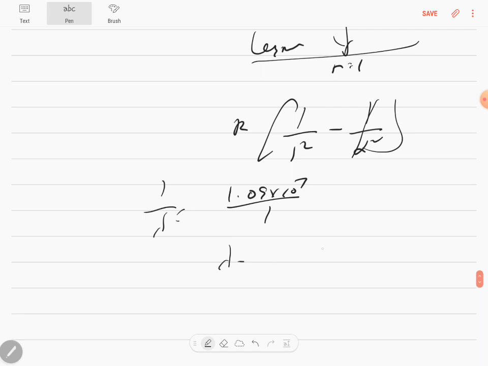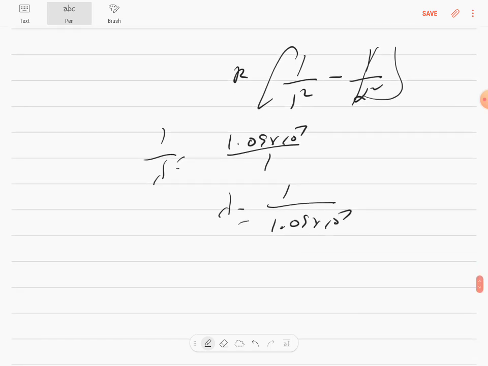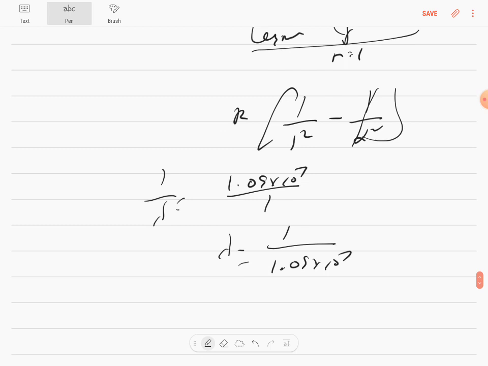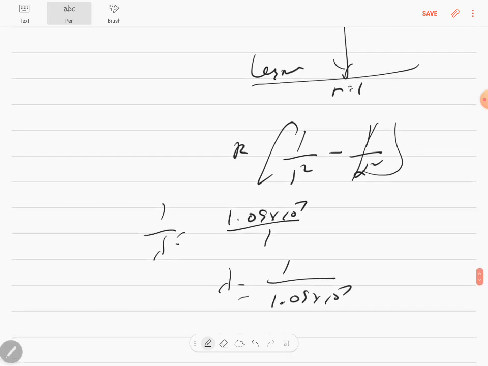Therefore, lambda is the reciprocal of this, 1 by 1.09 into 10 to the power 7. Whatever the value is, you will get it in Angstrom, 10 to the power minus 7. So you'll get the wavelength, and that's all. That is the shortest wavelength because of highest frequency.